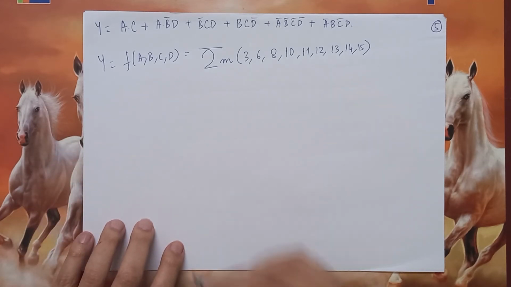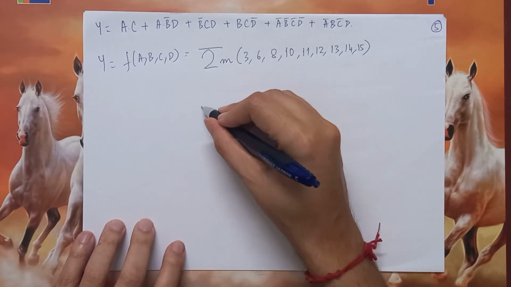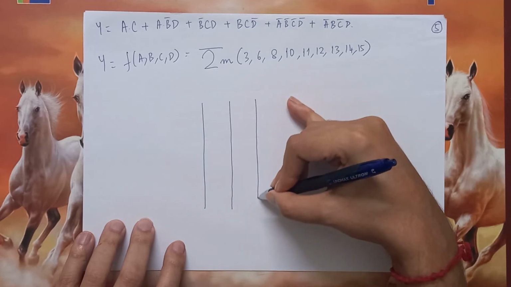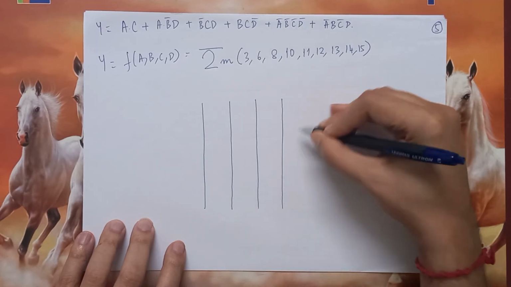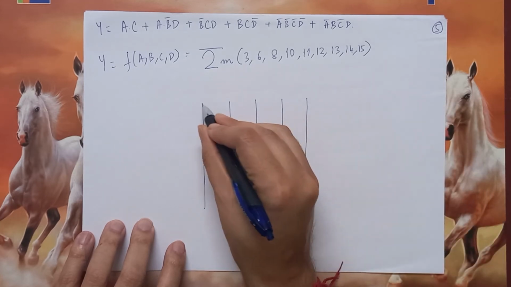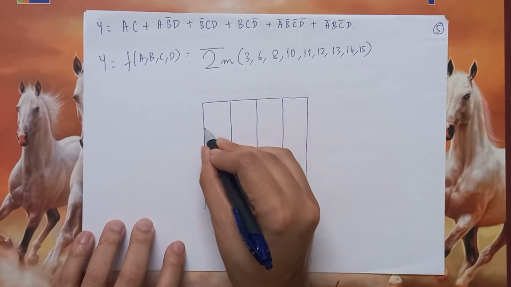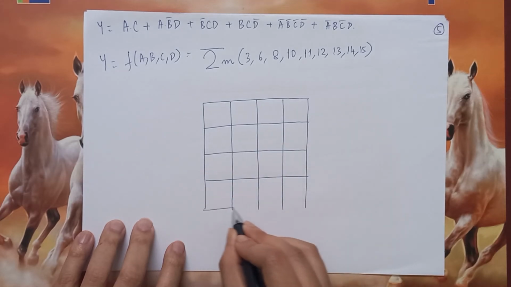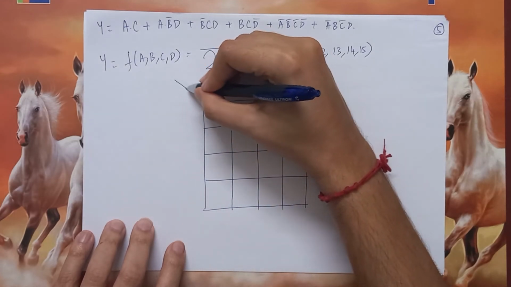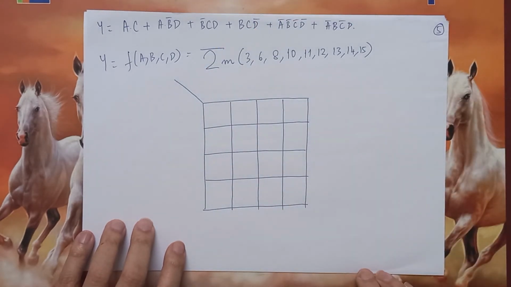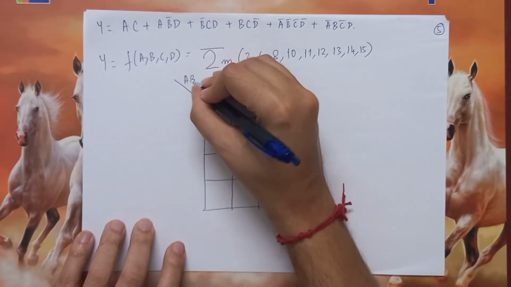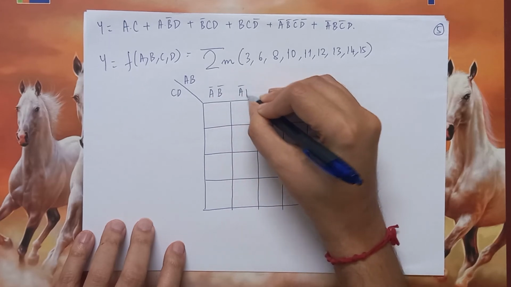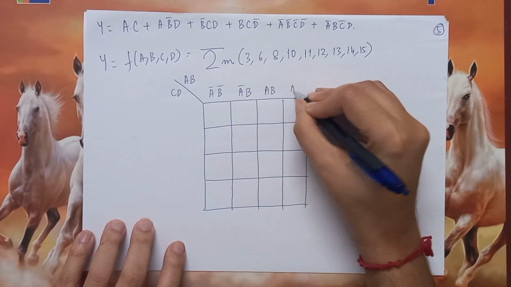Now, let us construct the K-map in the way we did it in the last example. We have A, B, C, D. This is A bar B bar, A bar B, A B, A B bar.